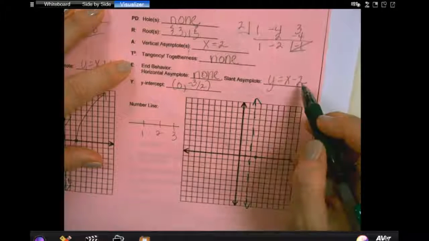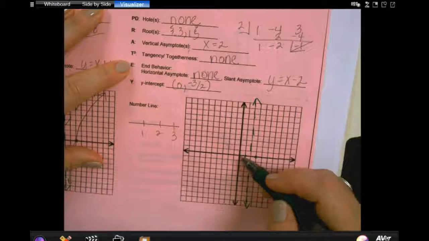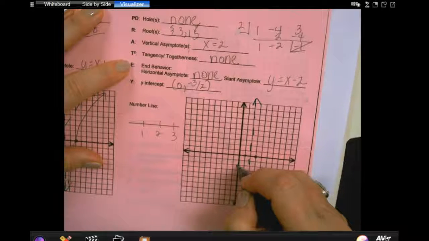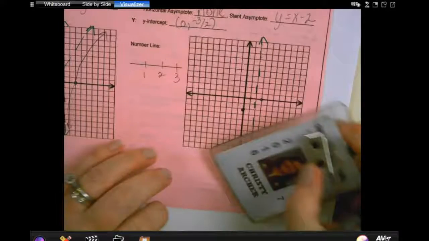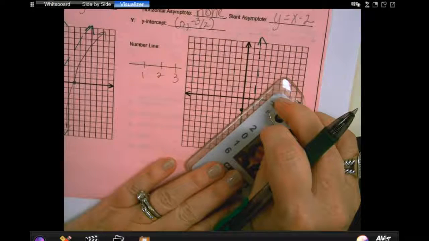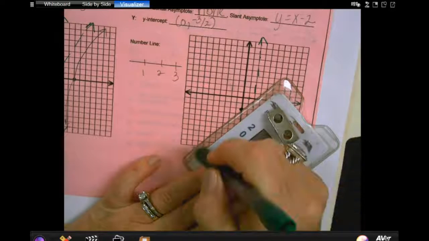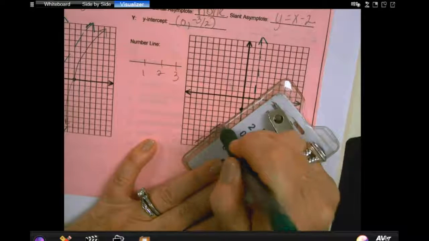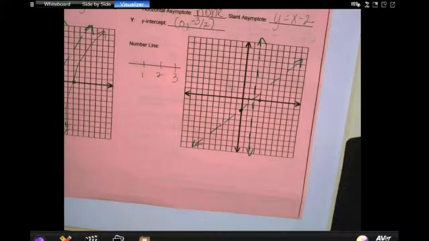The slant asymptote is at y equals x minus 2, so go ahead and graph that. So there's the slant asymptote.